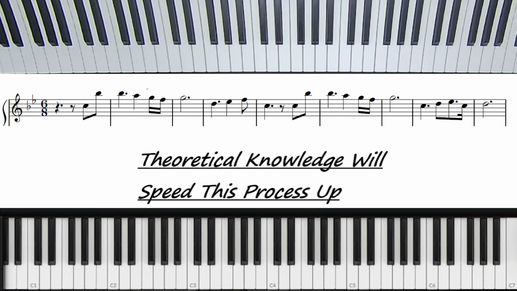Let's take another chunk of this melody. I'll do something like this. And then we'll just go around the circle of fifths. That's theoretical knowledge. I'll just move it around. F, B flat, E flat, something like that.